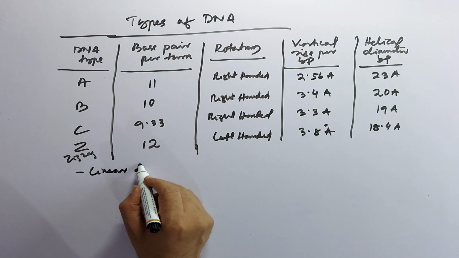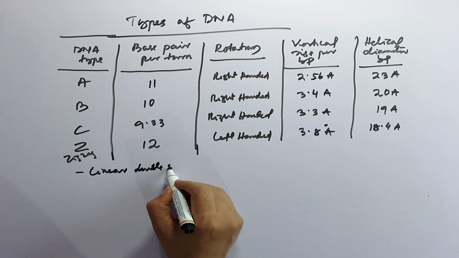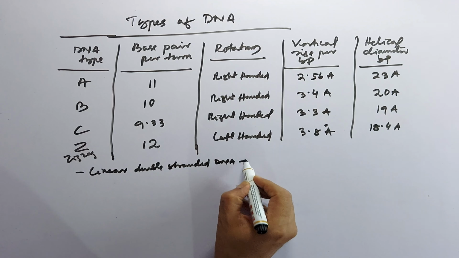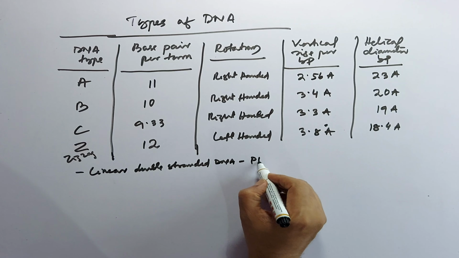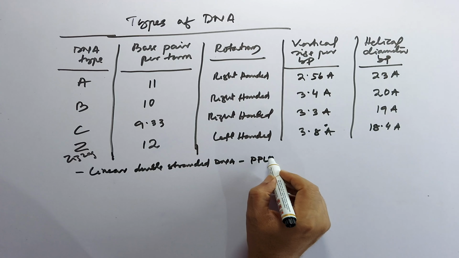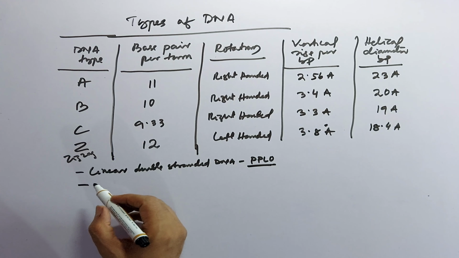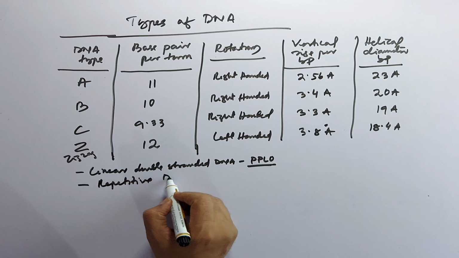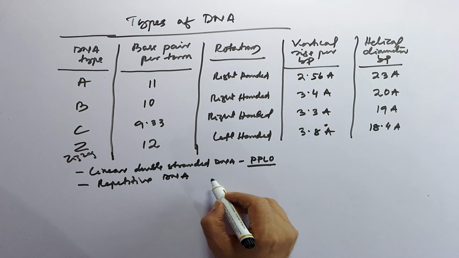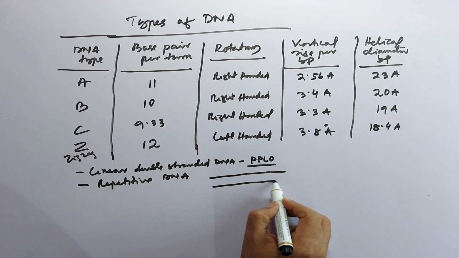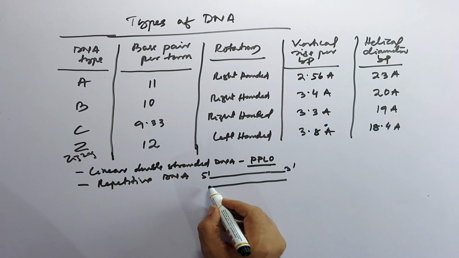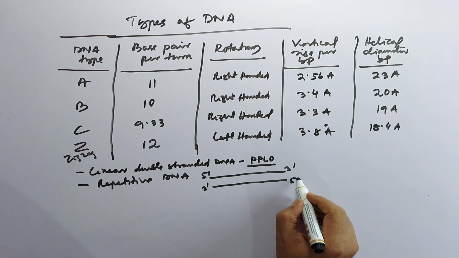That is, linear double stranded DNA, which we can find in PPLO, pleuropneumonia like organism. And repetitive DNA, where a particular sequence is repeated again and again. So this is 5 prime, 3 prime, and this is 3 prime and 5 prime.